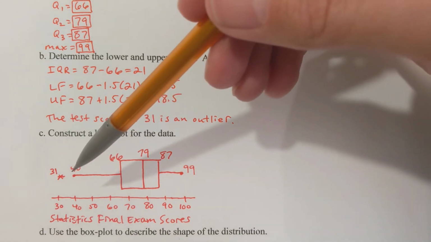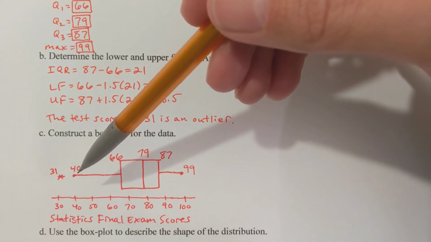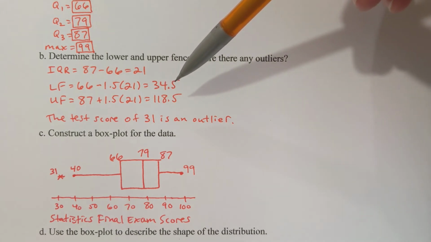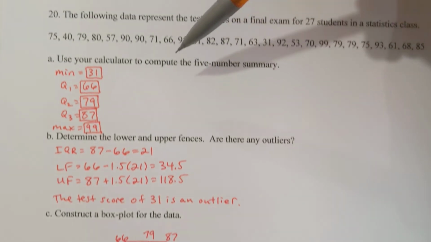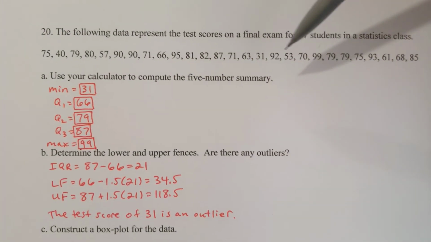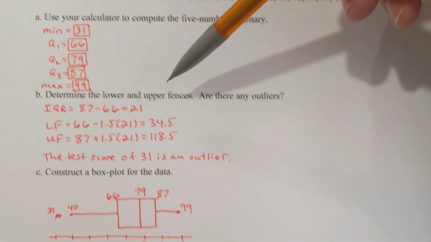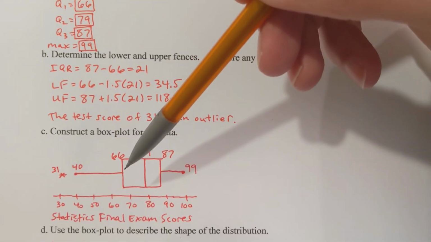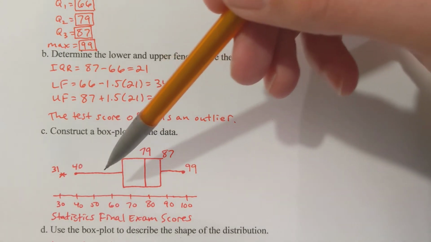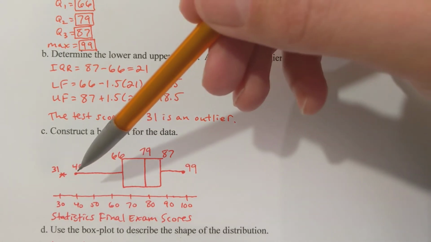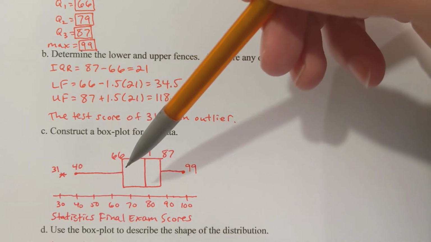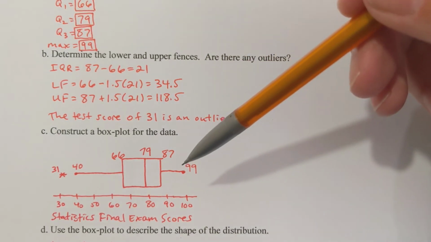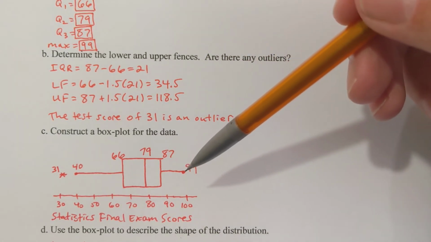The lower fence is 34.5, so if you look in the data set, the smallest number larger than 34.5 should be 40. So I draw my left whisker going from 66 to 40, and then I draw my right whisker going from 87 to 99.